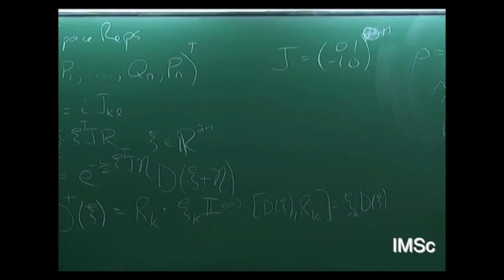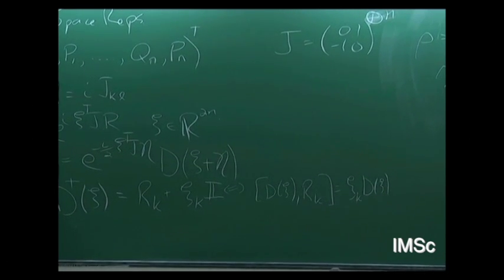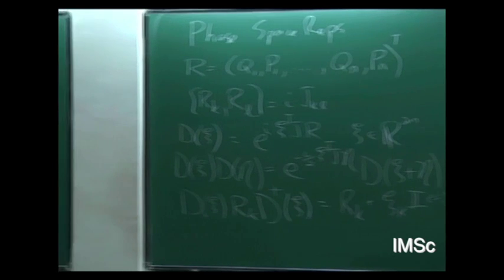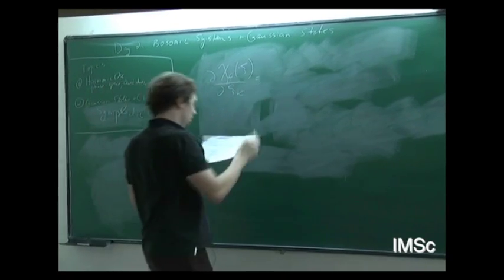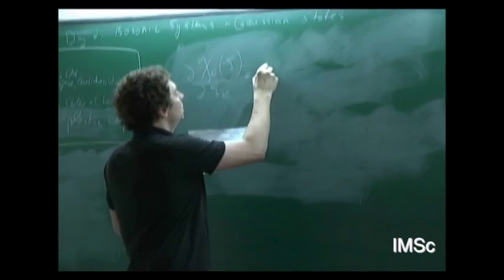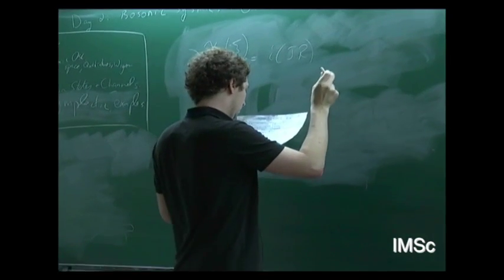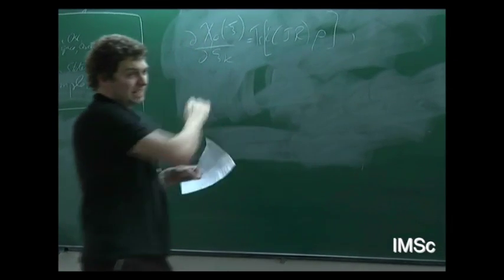And if I take a second derivative, I can get the expectation of, say, a product of different r's, if I like. So I'll just write down what you do: J times r rho trace. And similarly, if I take a second derivative, I can pull down 2 copies of r.